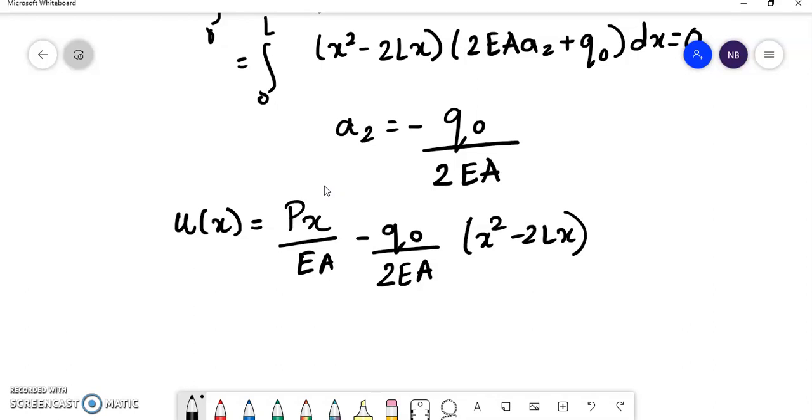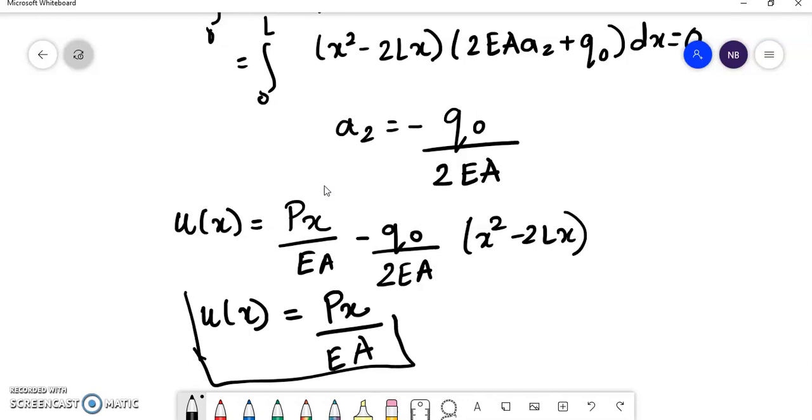This is the displacement at position x when the bar is subjected to a uniformly distributed load q0 and concentrated load P. Now in the current case, we know that there is no q0 here. So when we substitute q0 equals 0, we will get this equation.